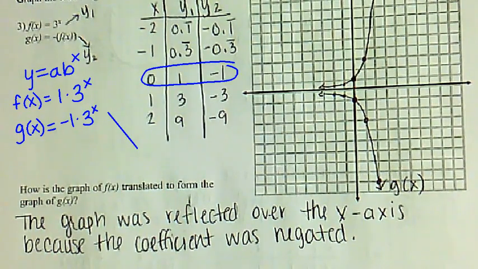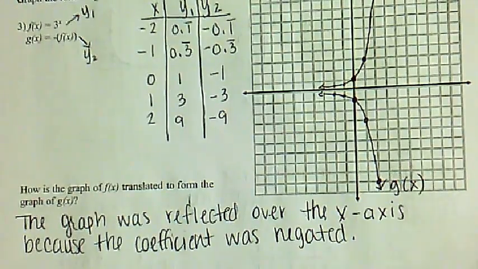Okay, so that's why it reflects over the x-axis. So if we negate our exponent, it should flip over the y, and if we negate our coefficient, then it should flip over the x.